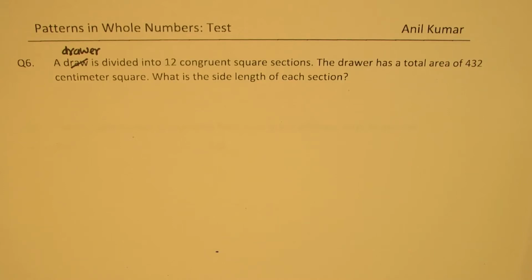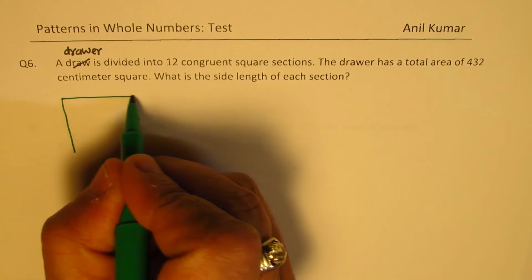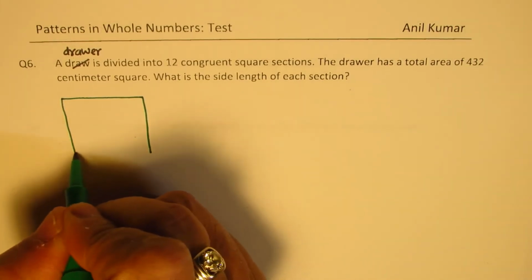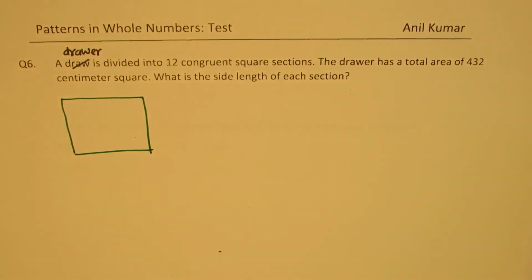Here is question number 6. A drawer is divided into 12 congruent sections. The drawer has a total area of 432 centimeters square. What is the side length of each section? So let's say this is our drawer. So a drawer is kind of a tray which you have in the cabinets, right?